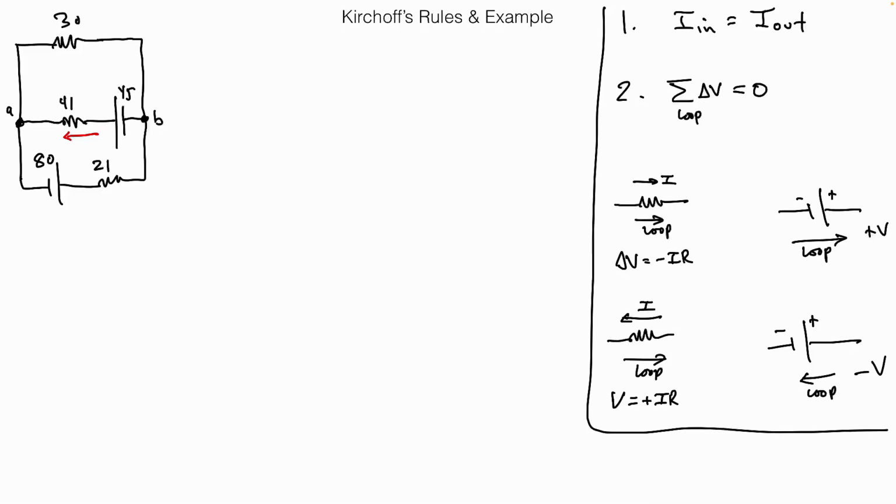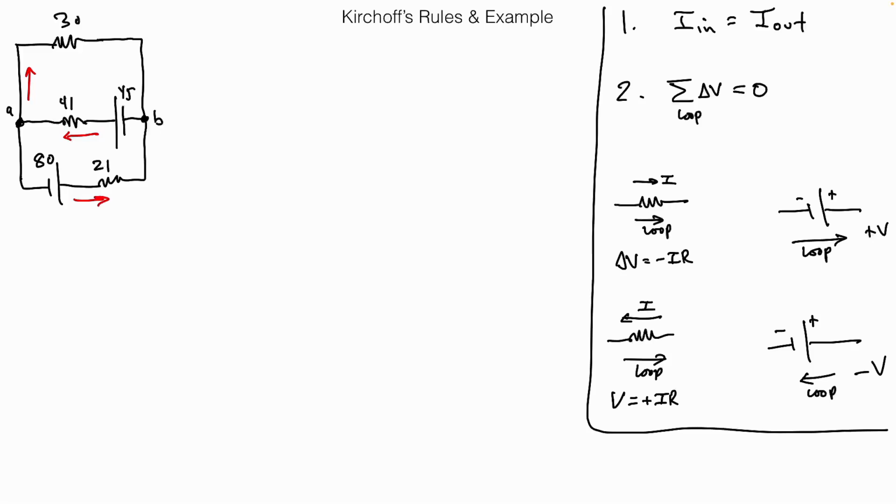But in general, you get to pick the direction of the current. There's a current in this middle branch, and I'm just going to say it flows that way. Again, I get to pick. It's my choice. And then I'm going to say there's a current in this branch. So those are the 3 branches that I have.